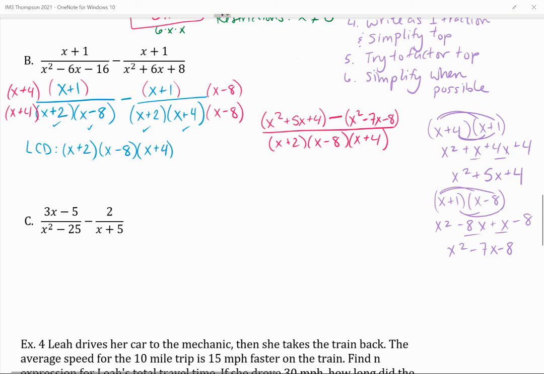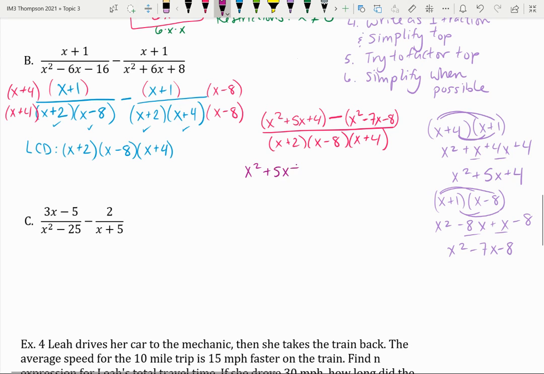Now, you can do this in one of two ways. You could rewrite this entire numerator without parentheses, which I guess we can do, right? Or you could kind of just go through and change the signs on your paper. So I'll show you both ways. The first parentheses don't change. But then I subtract x squared and I subtract negative 7x and I subtract negative 8.